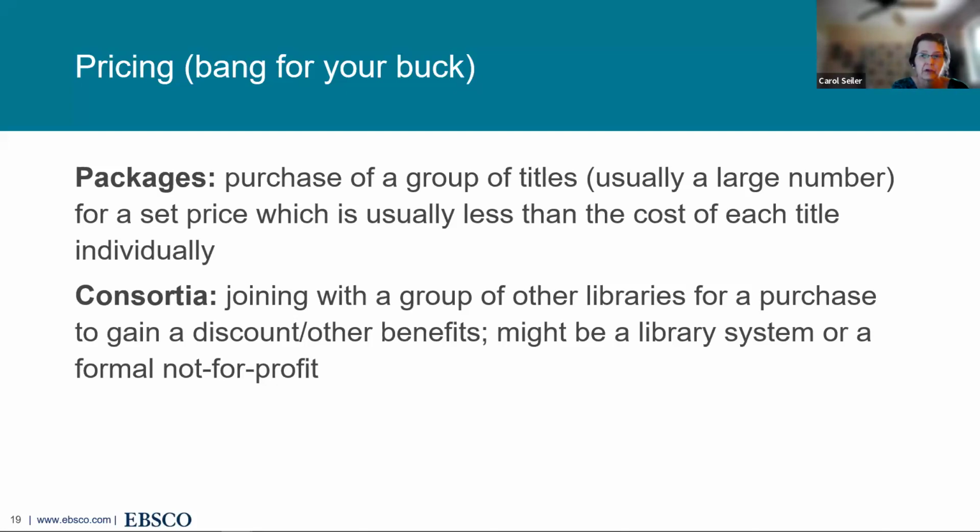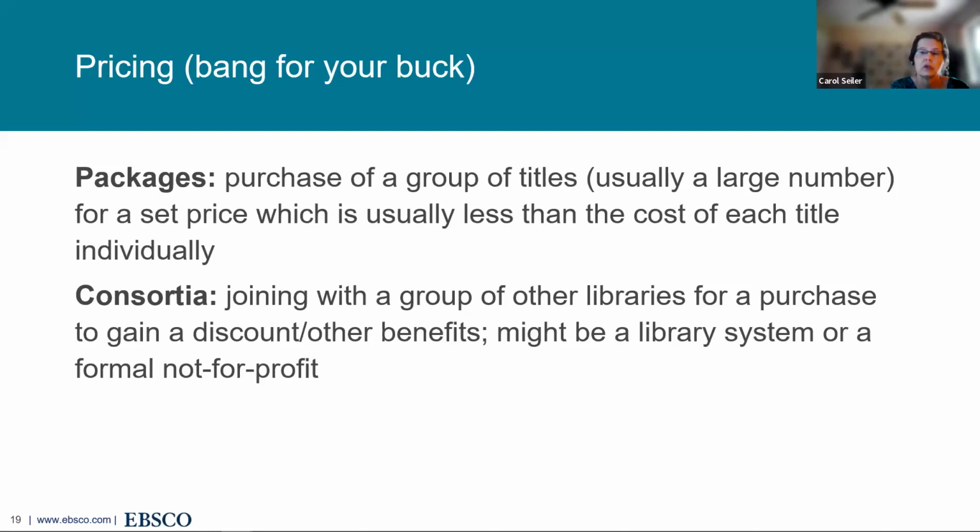Will that transformative agreement be of any use to me to get these tokens for free article processing if we're not publishing? Probably not. But if I'm a UC Berkeley, that might be a really good deal for me. So be aware of what you're getting in that package. Is it a good deal? Or is it a better deal to buy those 5 titles individually than to get the 100 titles that I'm not really going to use?